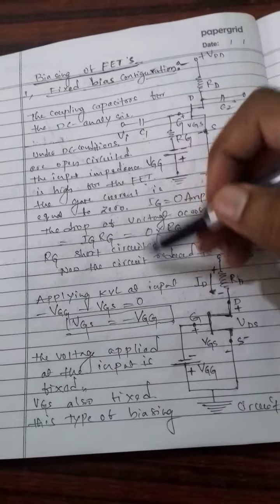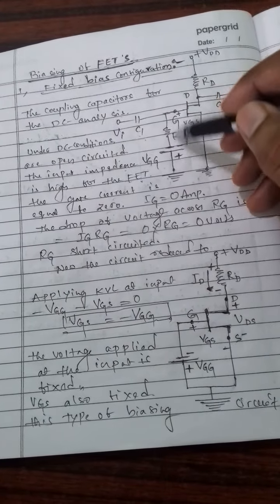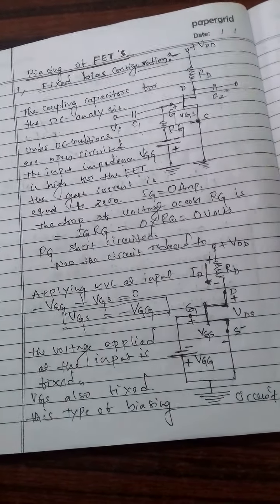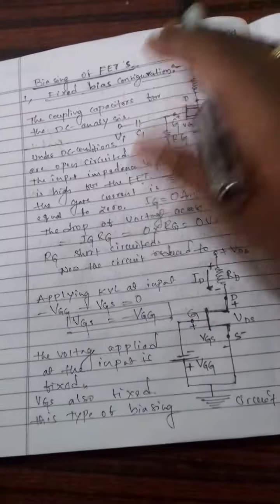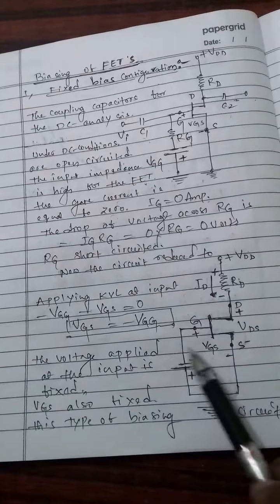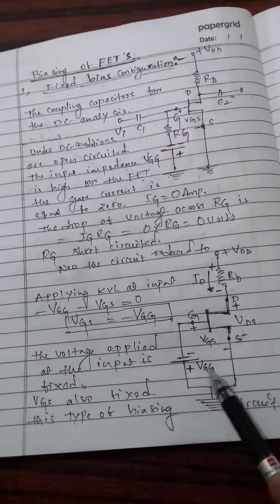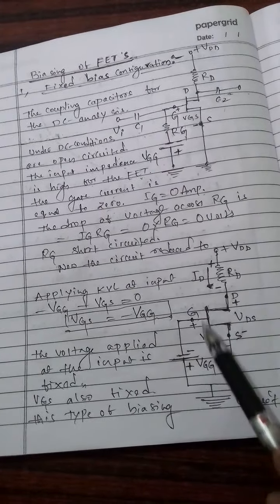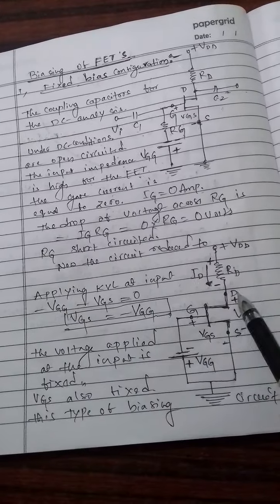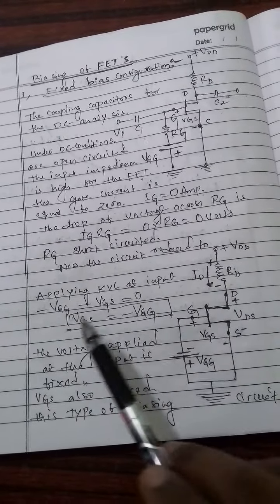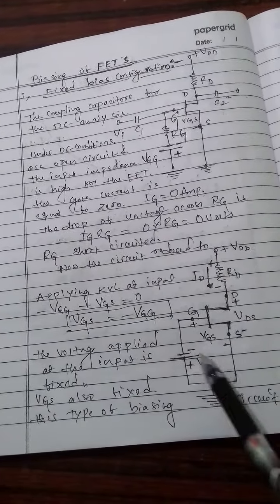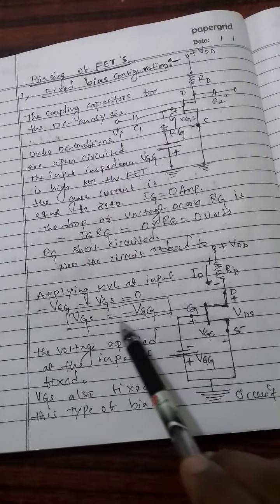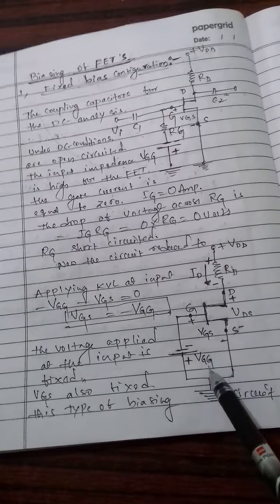So that here the gate current is equal to 0, so the drop of voltage across this Rg is also equal to 0, and this circuit is reduced to this form, that is a fixed voltage VGG. Here it is the voltage between gate and source VGS, drain source VDS and RD. Applying KVL at the input, minus VGG minus VGS is equal to 0, VGS is equal to minus VGG.